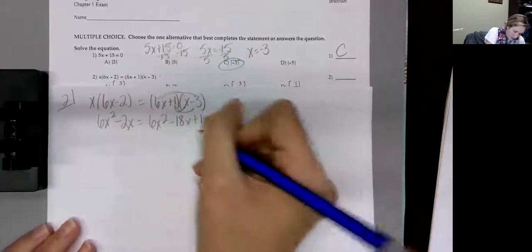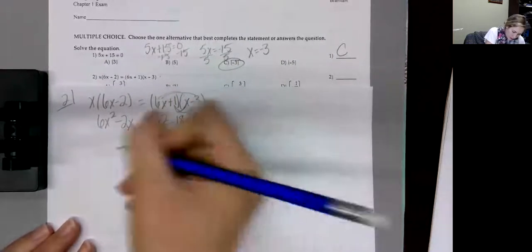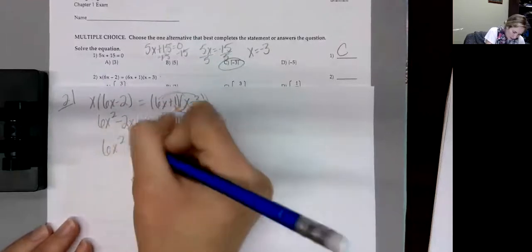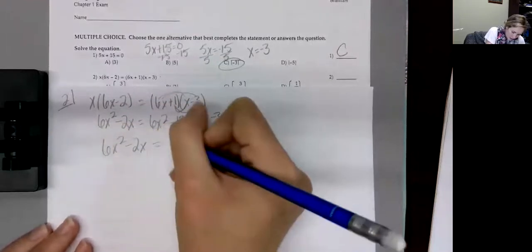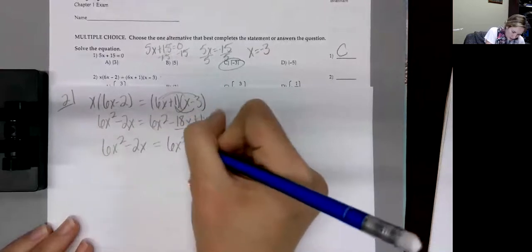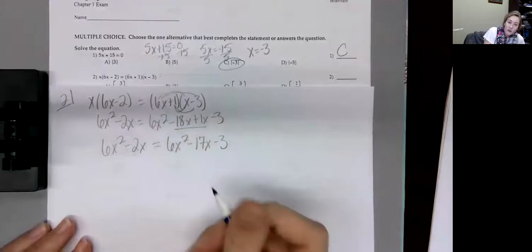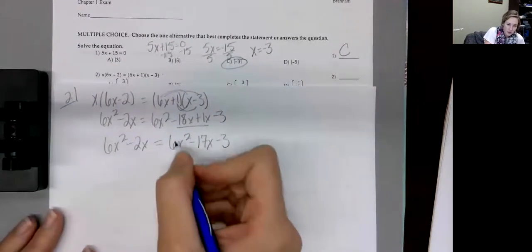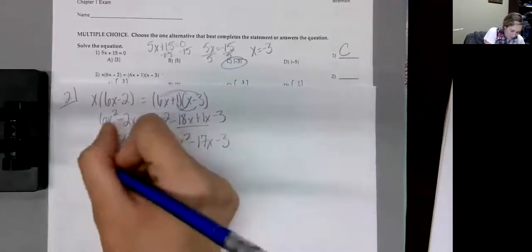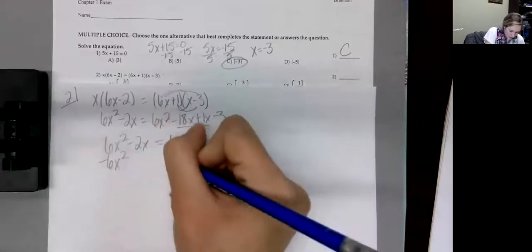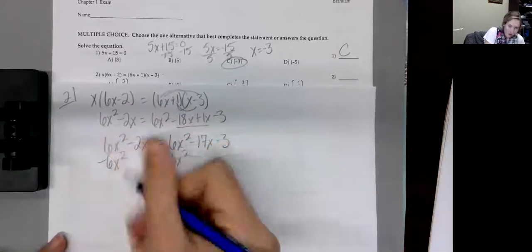You don't have to put the 1 there either. I'll combine like terms right here, so I have 6x squared subtract 2x equals 6x squared subtract 17x subtract 3. When I go to combine my 6x squares now, they are the same, so they're going to cancel out.